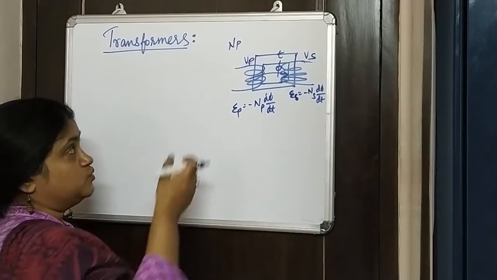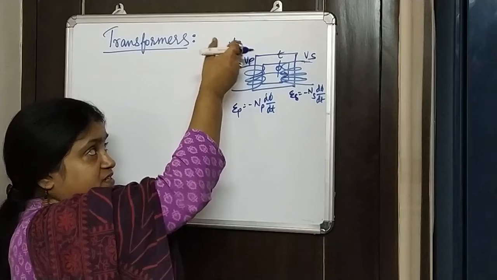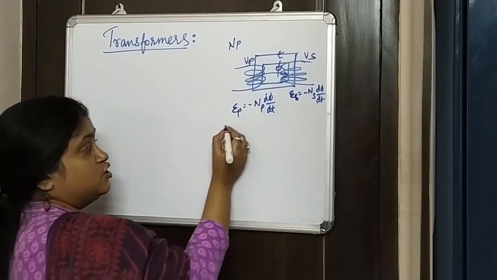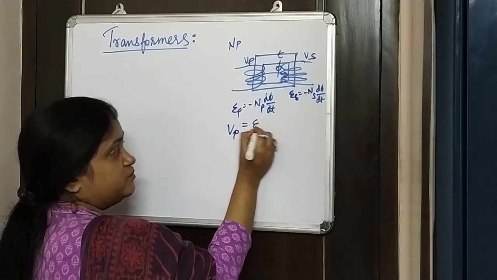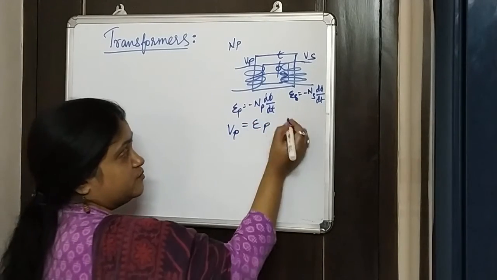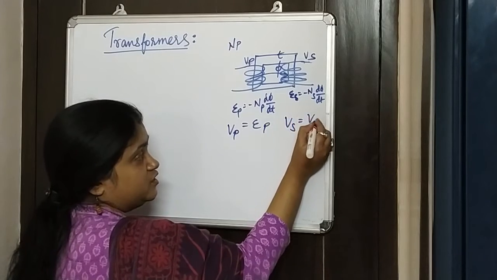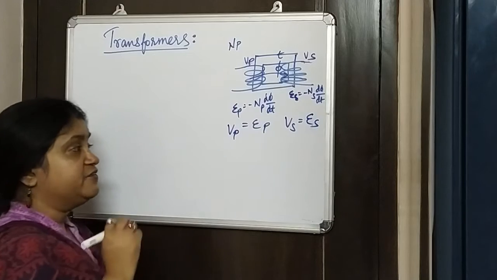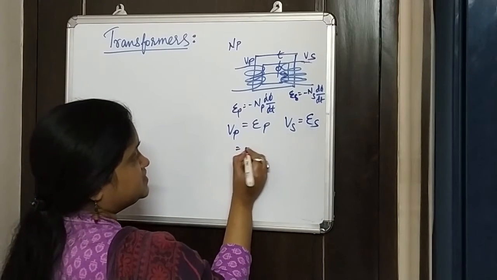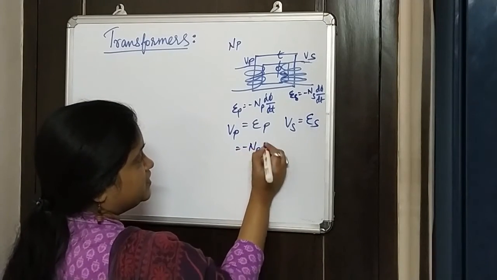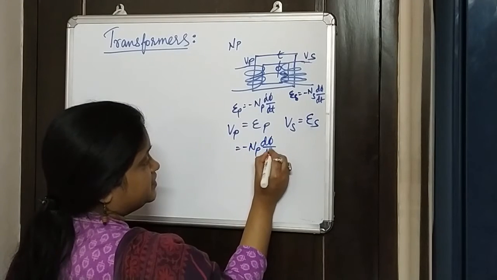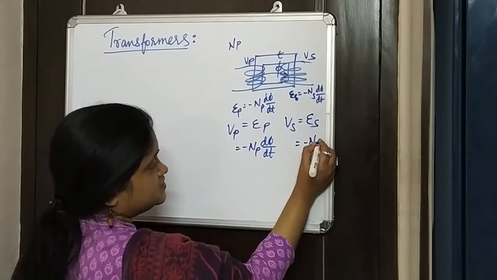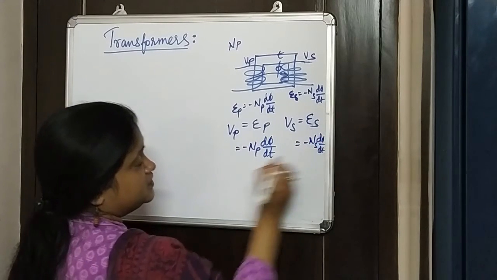Now, as we know, EP and the voltage given to the primary coil Vp would be the same. Therefore Vp will be equal to epsilon P, and Vs would be equal to epsilon S. If we substitute, we get Vp equal to minus Np d phi by dt, and Vs equal to minus Ns d phi by dt.